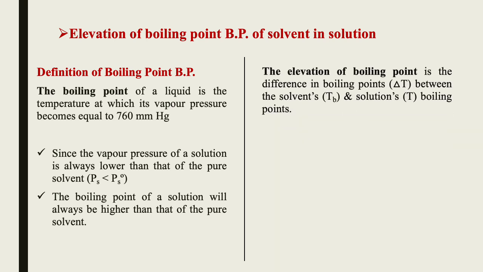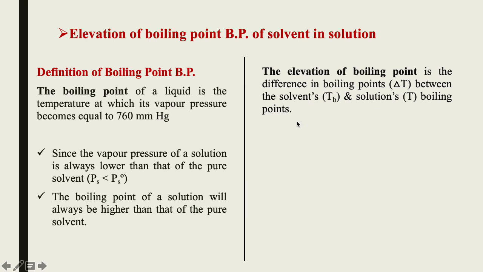The elevation of boiling point is the difference in boiling point, that is delta T, between the solvent's Tb and the solution's boiling point T. Just for the sake of definition, the elevation of boiling point is the difference in boiling point between the solvent and the solution.